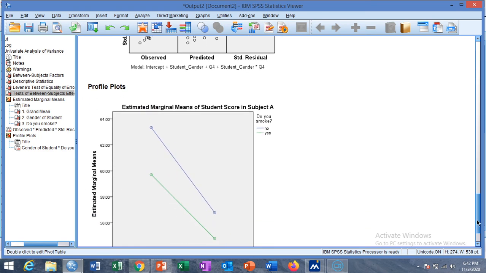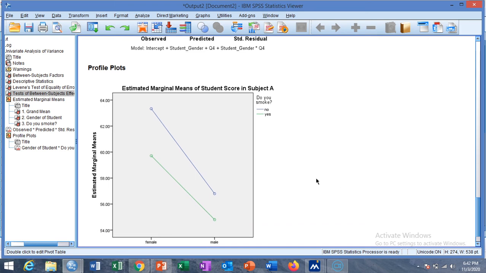The estimated marginal means of student score in subject A show that there is no interaction between the two factors.